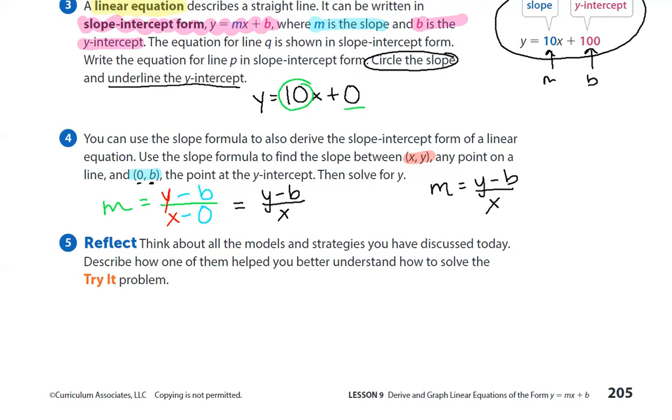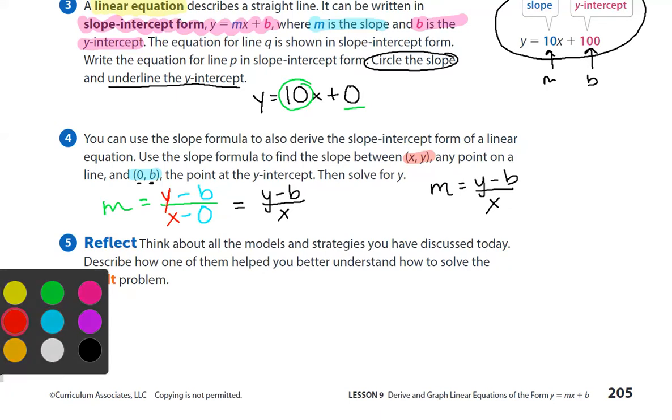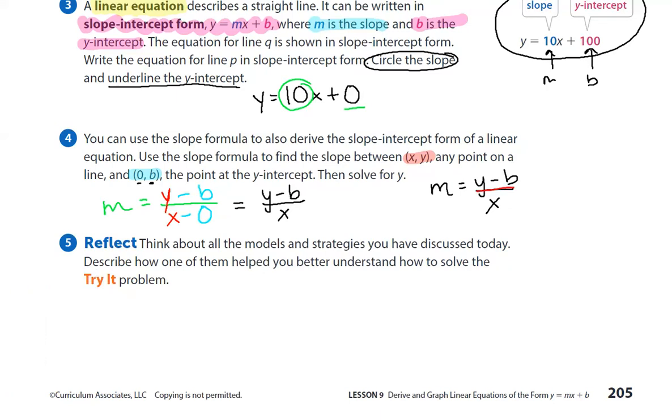I need to get that x out from under the m, and if you remember anything about solving equations, you know that to get rid of something, you need to do the opposite. So right here, I have a divided by x. So if I want to get rid of that x, then I need to do times x.